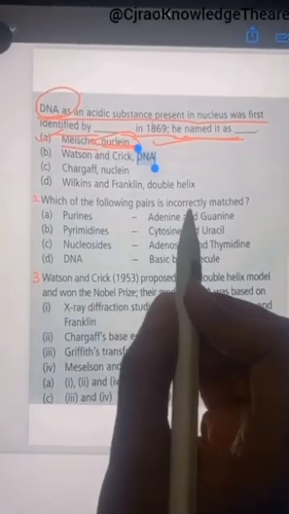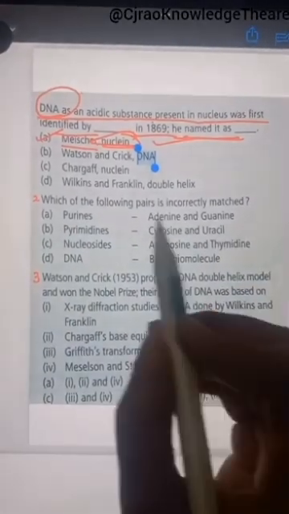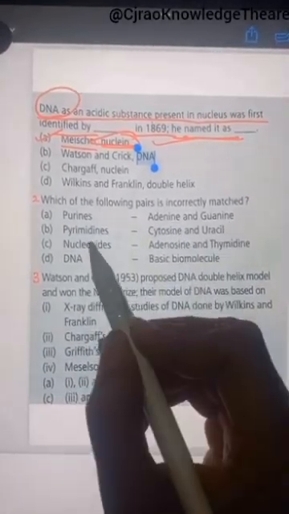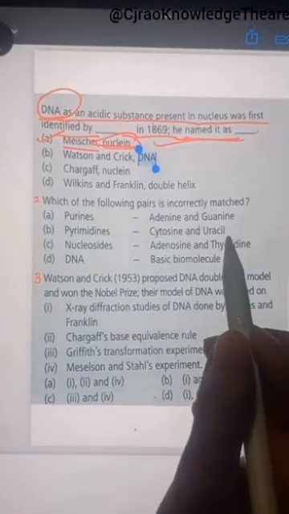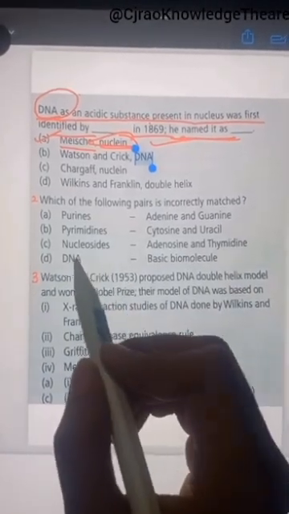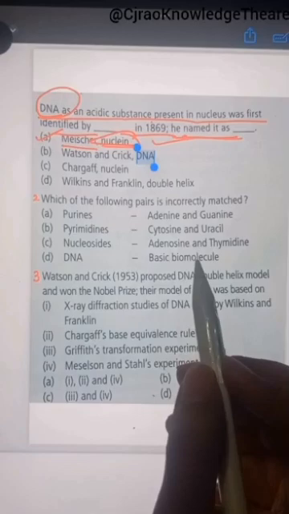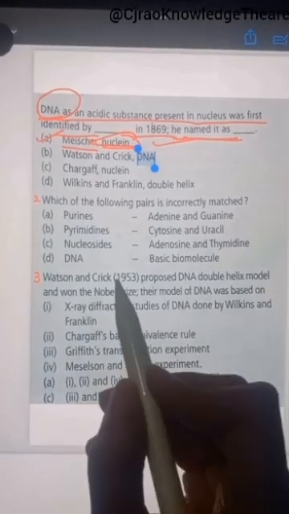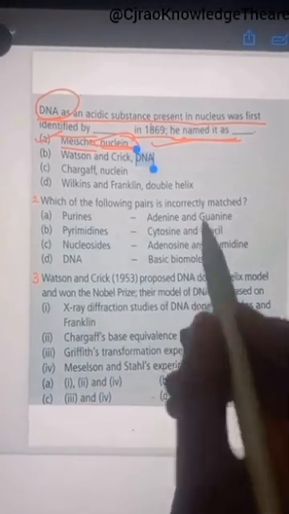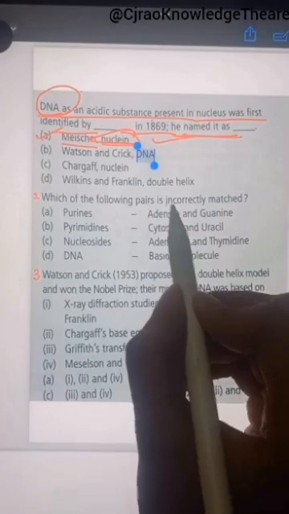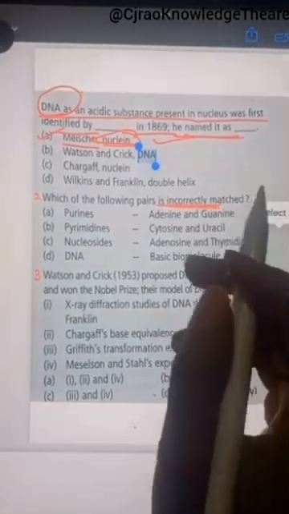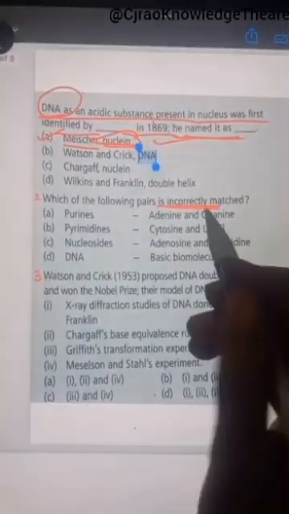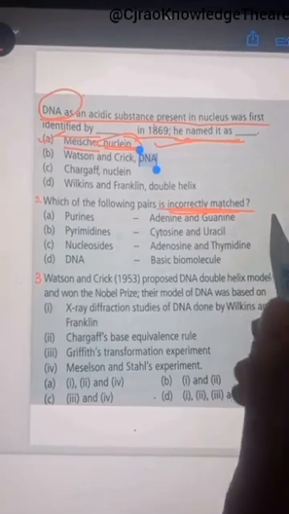Which of the following pairs is incorrectly matched? Purines, adenine and guanine; pyrimidines, cytosine and uracil; nucleosides, adenosine and thymidine; DNA, basic molecule. Here you should observe the question clearly that it is incorrectly matched.